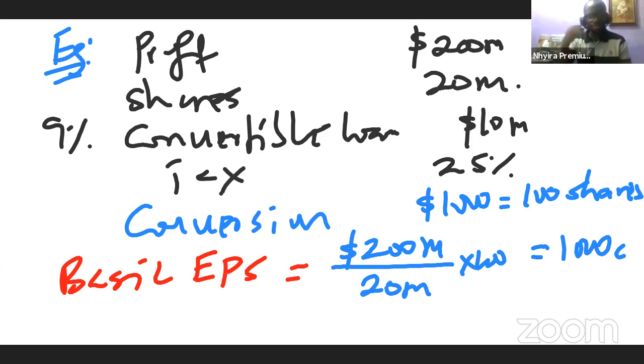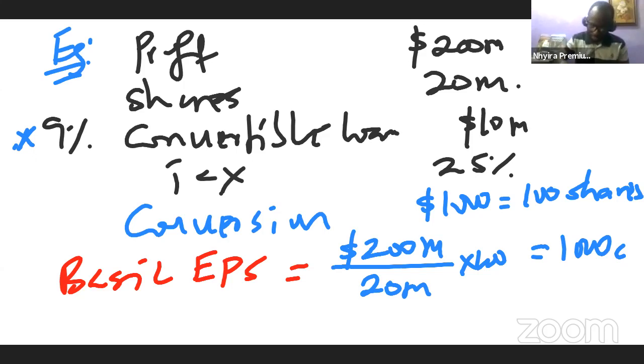But let's look at the diluted. Because of the convertible loan note, we need to tell the shareholders what is likely to happen in the future should this 9% convertible loan be converted, so that they won't have their hopes high and think they will still be making more money. So that is the basic earnings.